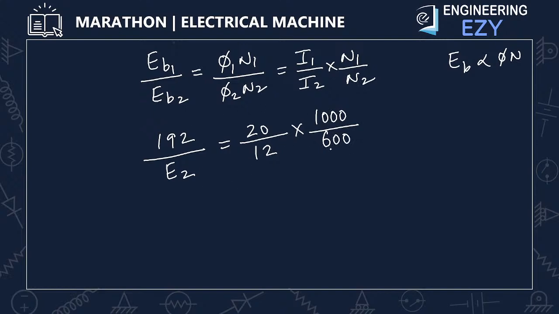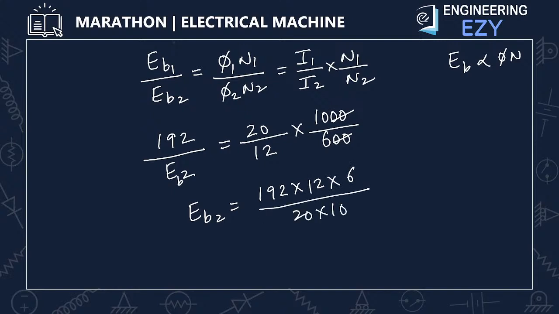If I solve, Eb2 is 192 into 12 into 6 divided by 20 into 10, and we are getting Eb2 as 68.4.